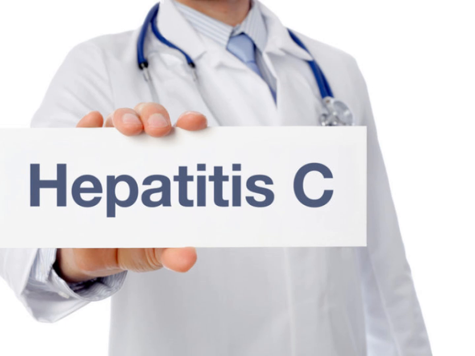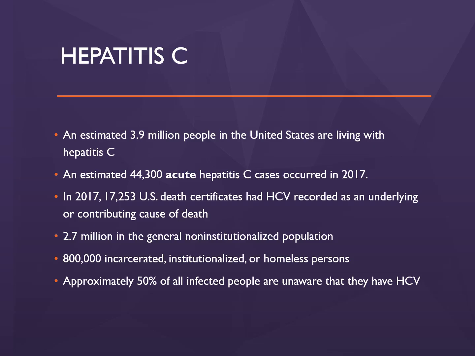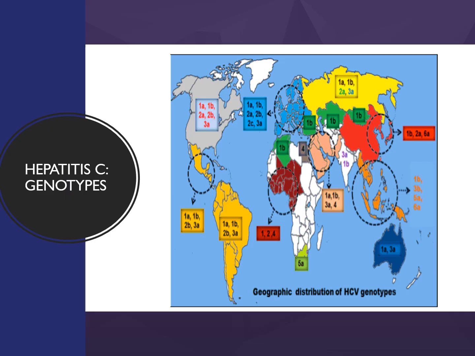What we know is that hepatitis C impacts about 3.9 million people in the US. This is why we, as primary advanced practice clinicians, care about hepatitis C. It is impacting our patients at large rates.